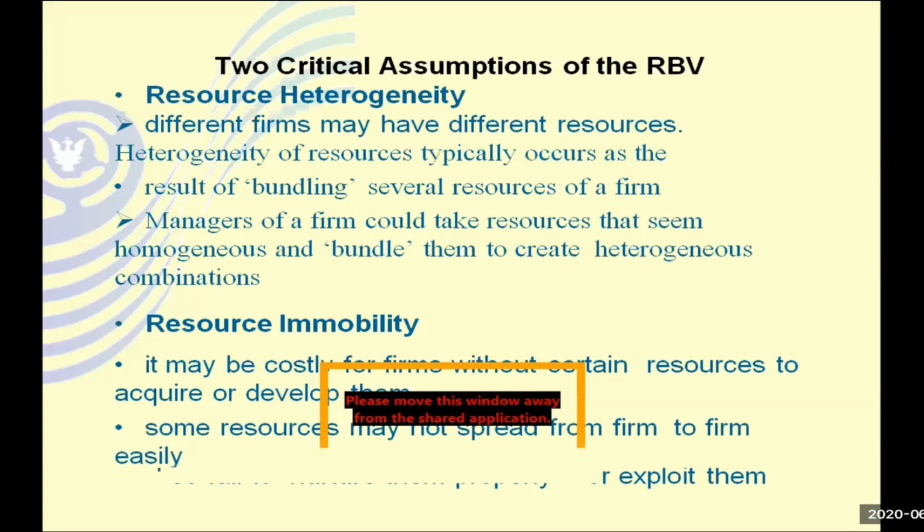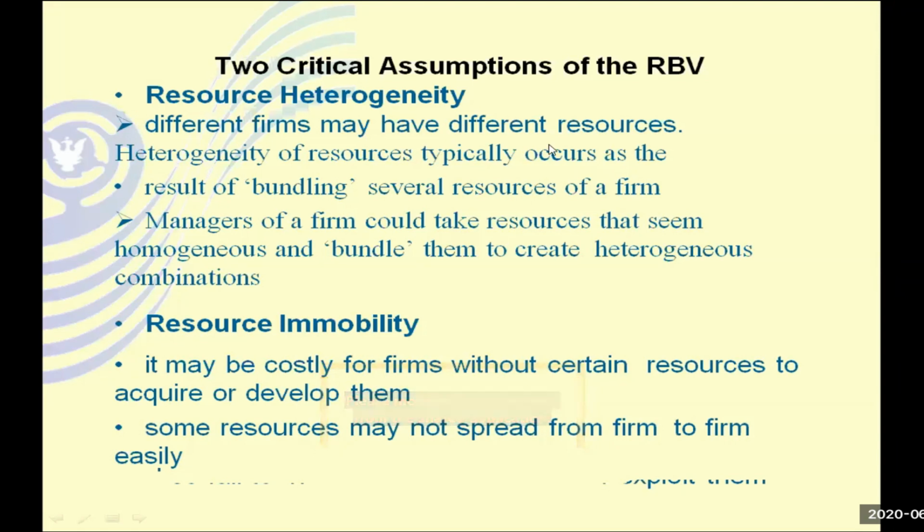So basically, what makes these resources key is because these resources have qualities that we talked about the other time, and which you can also talk about today. We talked about heterogeneity, or the opposite of homogeneity. We talked about resource immobility. Now, if the resources are heterogeneous, it means different firms have different resources.